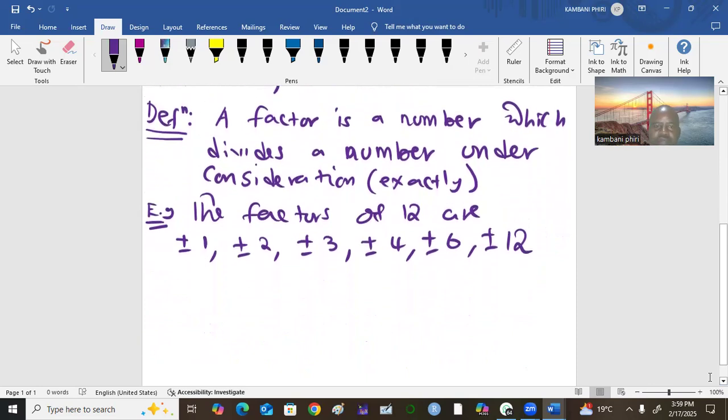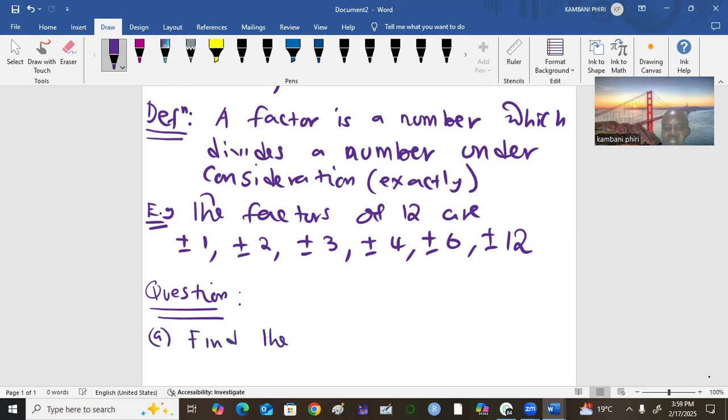So if I give you two numbers, for example, A, find the factors of 4 and 12.